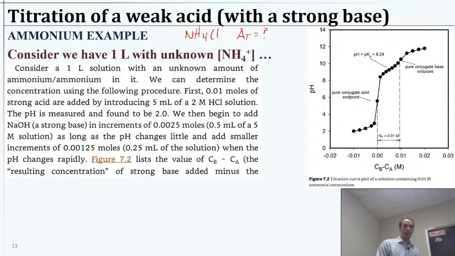So we basically drop the pH first. We want to start at a low pH so that we can then add our base and measure from there, because we have to have a starting point. So we start at pH 2, and then we begin adding base.